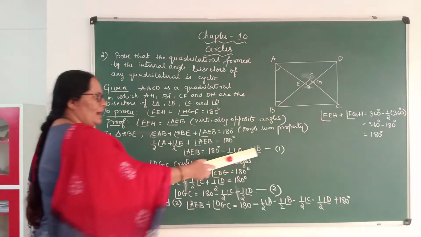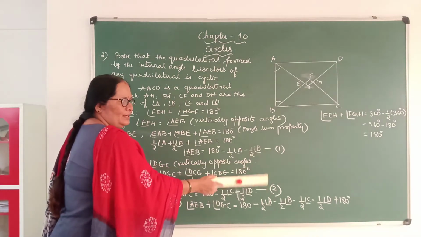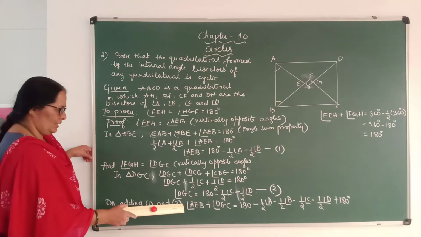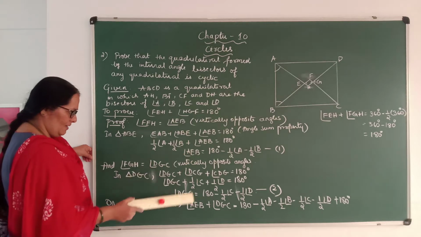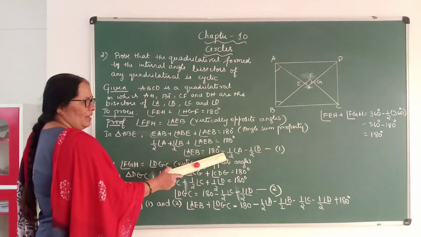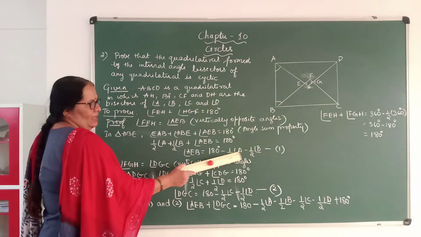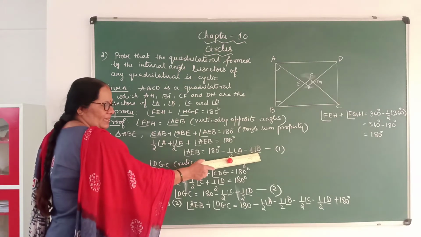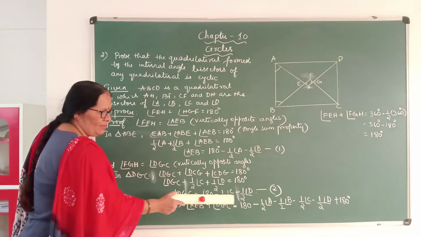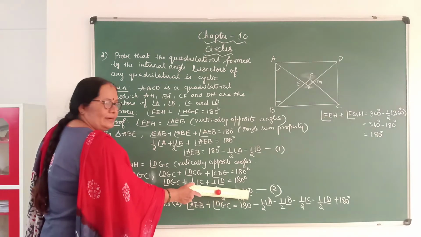So now you add this equation 1 and 2. On adding 1 and 2, you'll get AEB plus DGC equals 180 minus half angle A minus half of the angle B plus 180 minus half of the angle C minus half of the angle D.